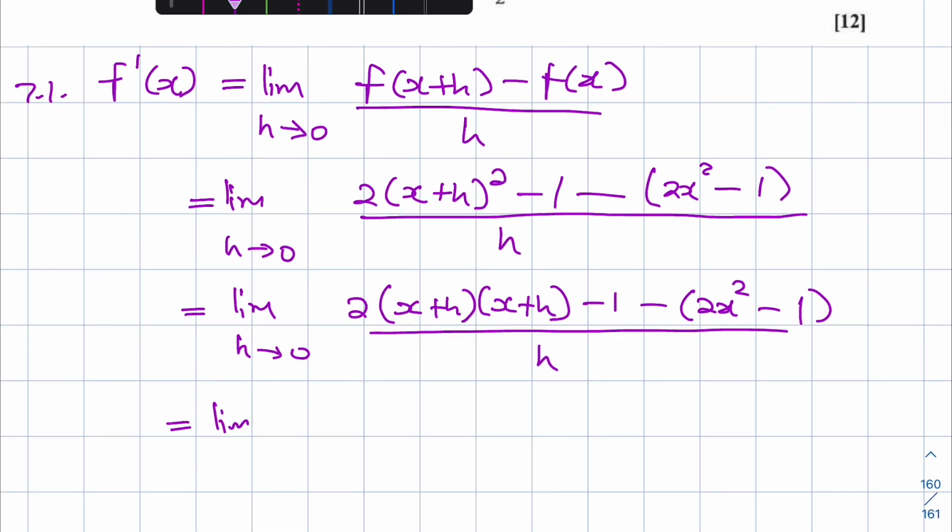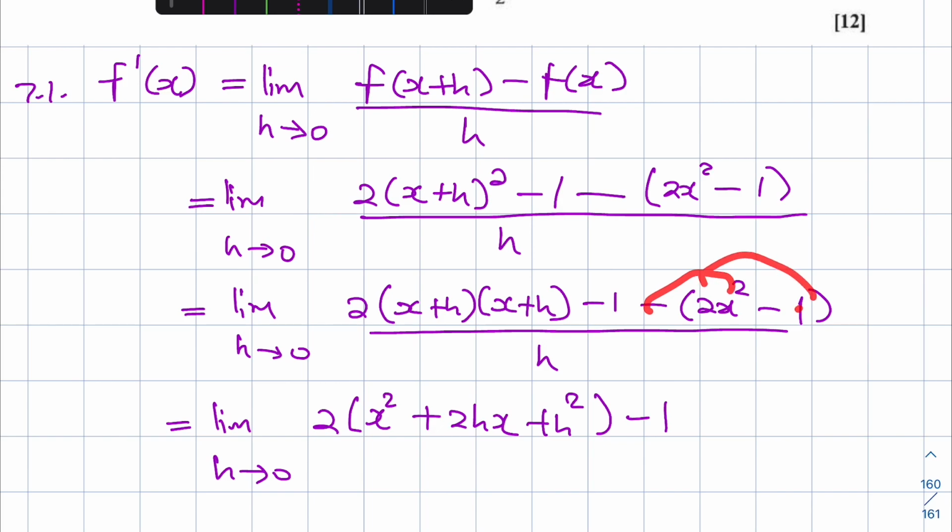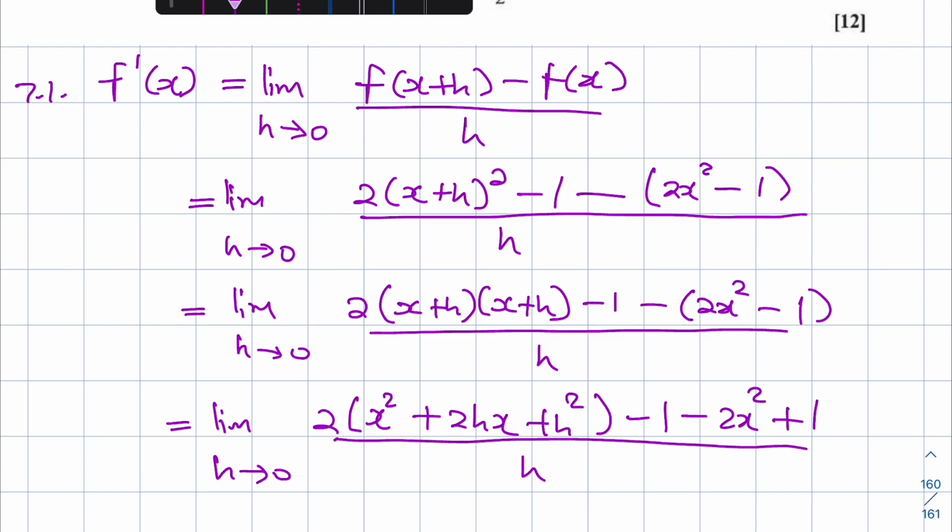So that gives you the limit as h approaches 0 of 2 times, when you multiply this bracket out, you should get x squared plus 2hx plus h squared minus 1, and then you multiply by the negative, you will get negative 2x squared plus 1, all over h.